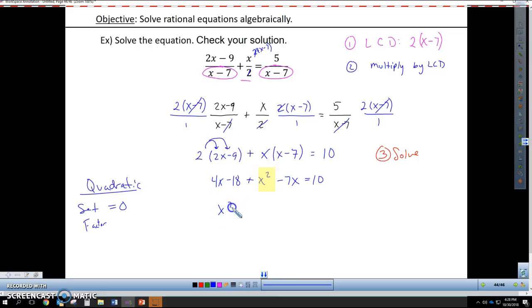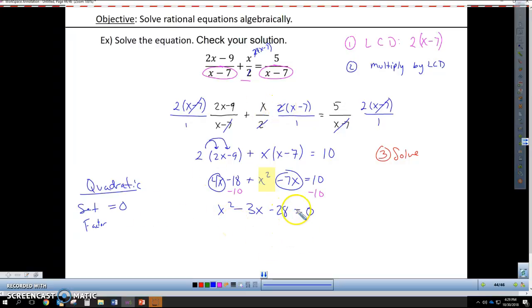So I'll rewrite this as x squared, 4x and a negative 7x gives me a negative 3x, and I have a negative 18, and I'm going to move 10 over here, so this gives me a negative 28 on the right side, and I have this quadratic equation.